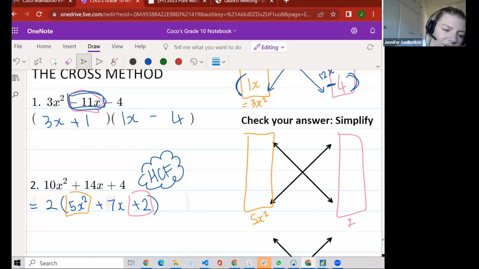And when I do my crisscross, I'm trying to get the answer of positive 7x. So let's see who can figure this one out. Play around, move them into different places, and let's see who can get the answer for this question. Go for it, guys. We're in this together.